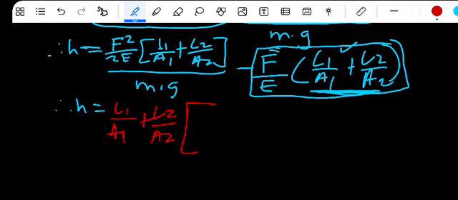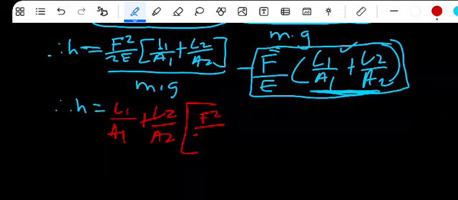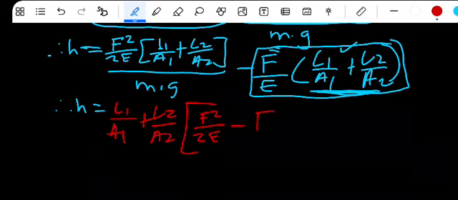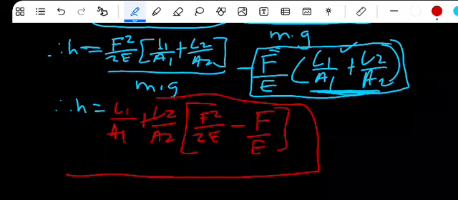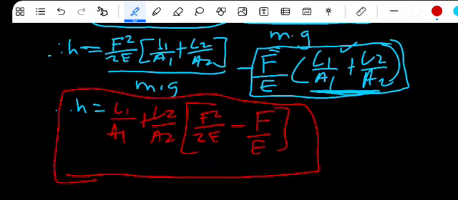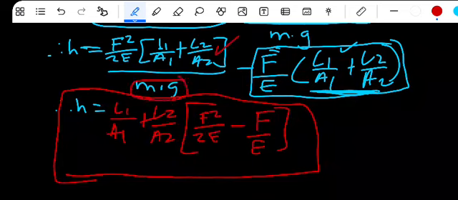into F squared over 2E minus F over E. This is a simplified form of the equation, the fastest to calculate H. Just take this as a common factor, but we have this divided by the mass.